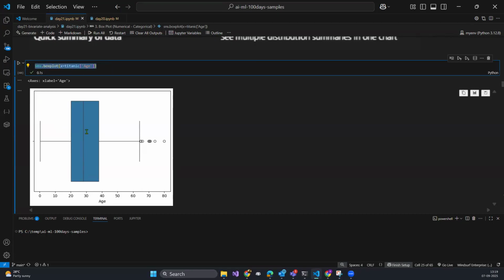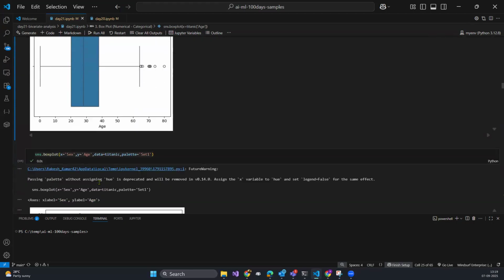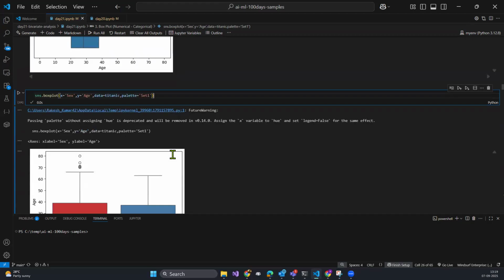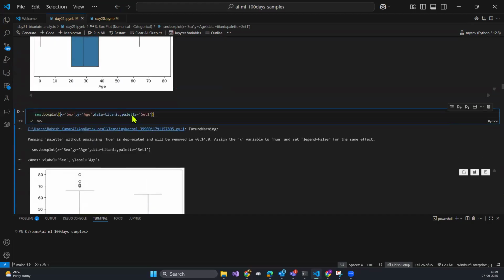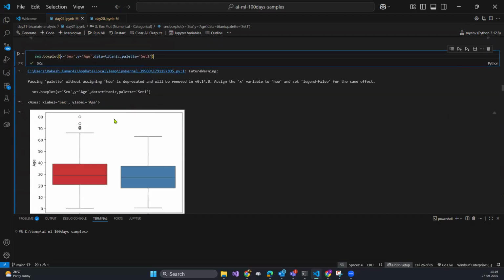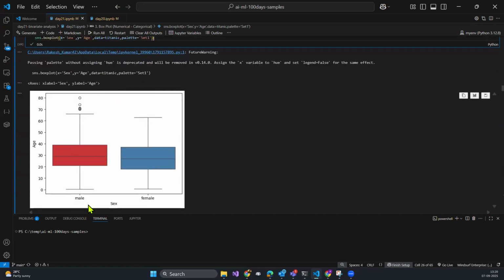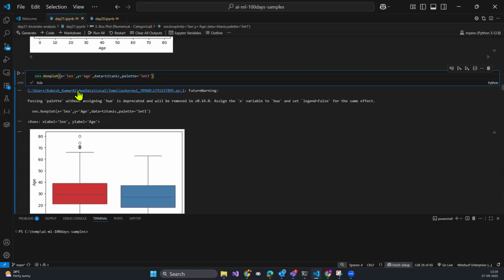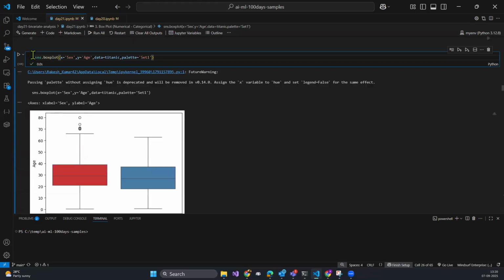So we are able to see that most of the population falls between age of 20 and 40. But how about two columns? So we can include two columns. So in x-axis, sex, and y-axis, age.